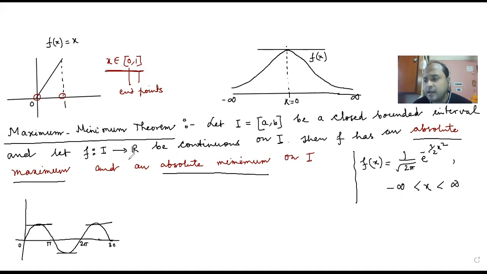Similarly, you can think of a function which will have an absolute minimum; you can try to find such a function. Since I have shown you this particular curve, for your knowledge, the function is called the normal function, or the curve is known as the normal curve, or sometimes the Gaussian curve.